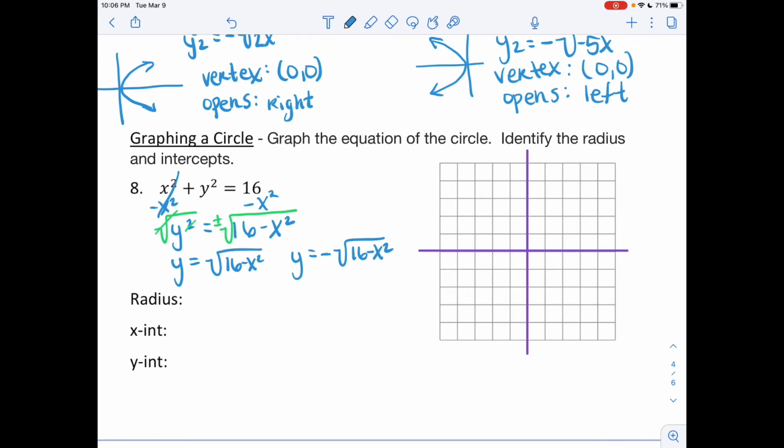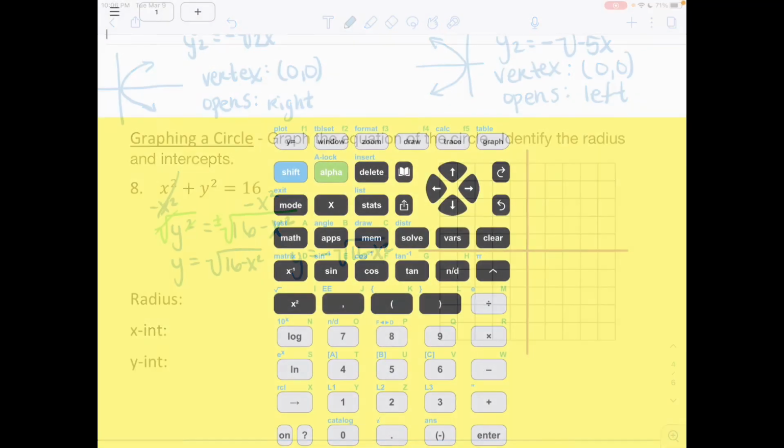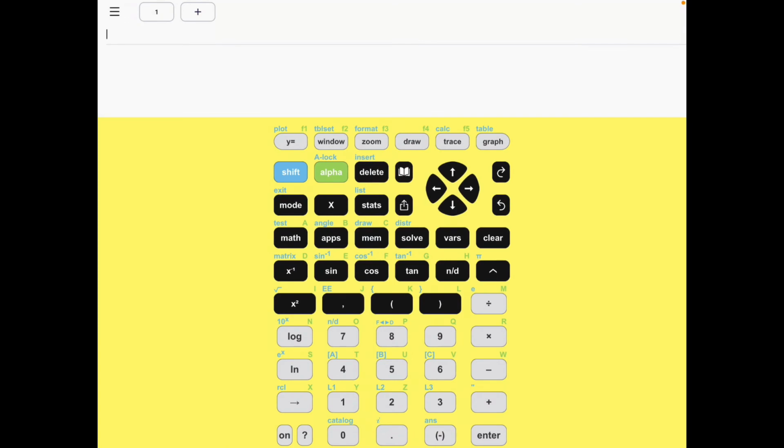This time we're going to want to identify the radius of our circle and the intercepts, and let's actually do a graph of it. Back over here in the calculator, or in Desmos, if you're at home and don't have access to a calculator, you're going to go to the y equals again, and under y1 put in one of your equations.